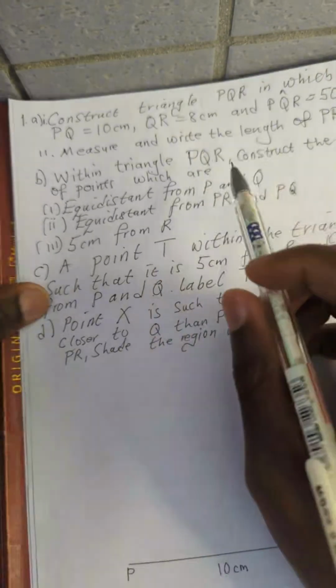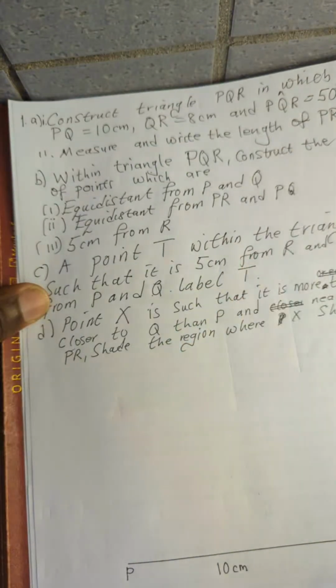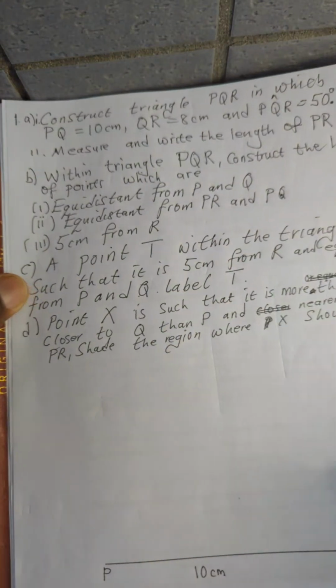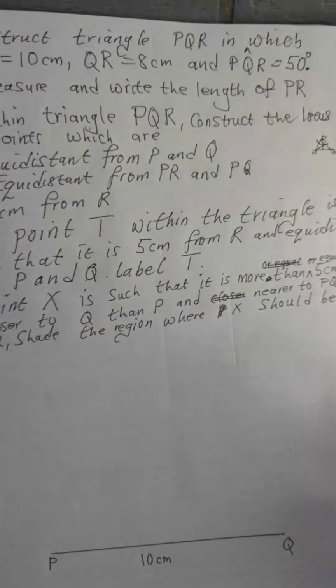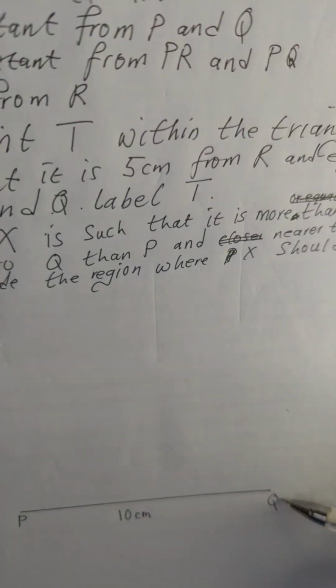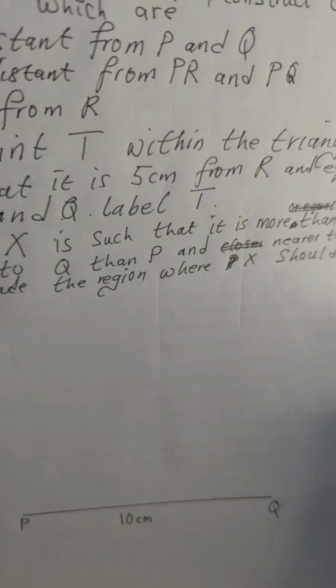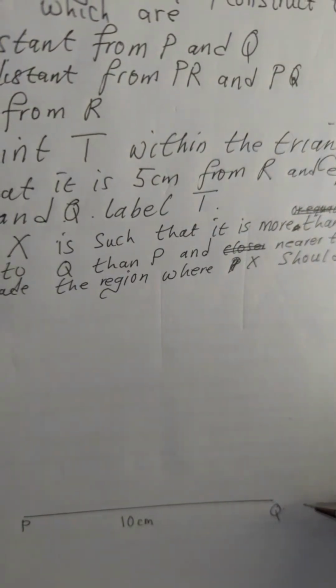Okay, so the next part says QR is 8 centimeters. So from Q to another point called R. So Q is here. Hope you can see. It's a bit dark, but I hope you can see. Okay, so from Q to another point called R, it's 8 centimeters.